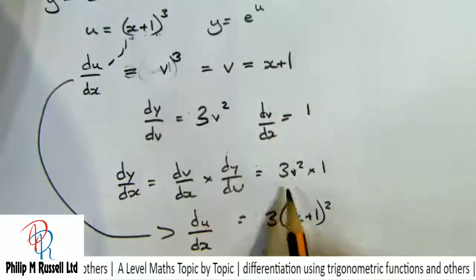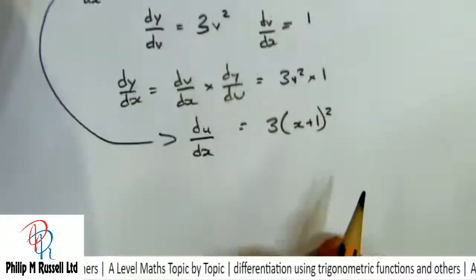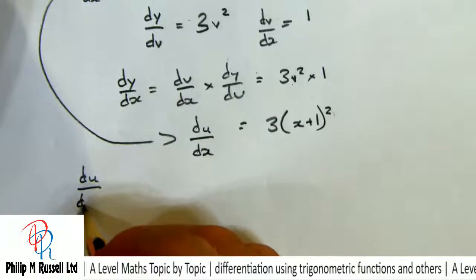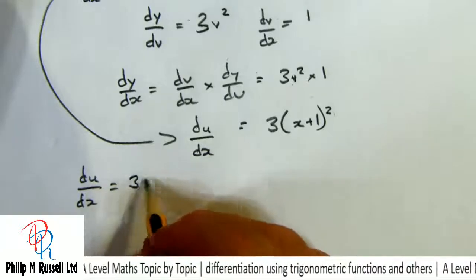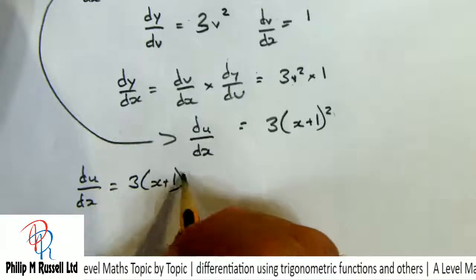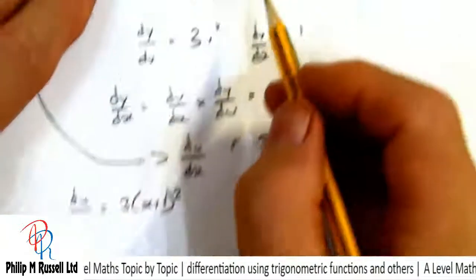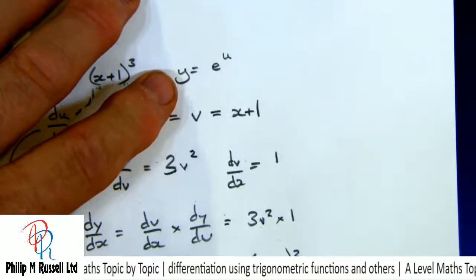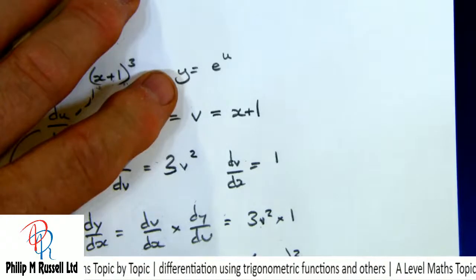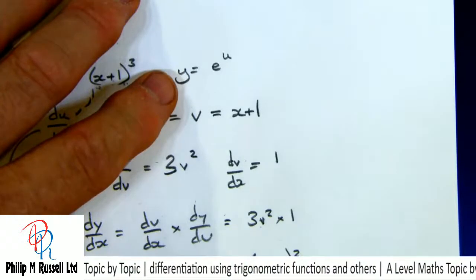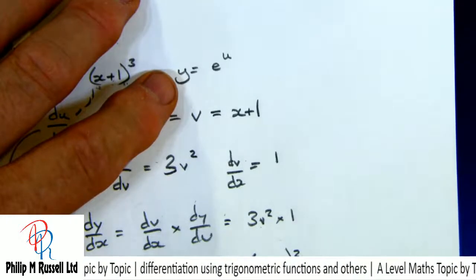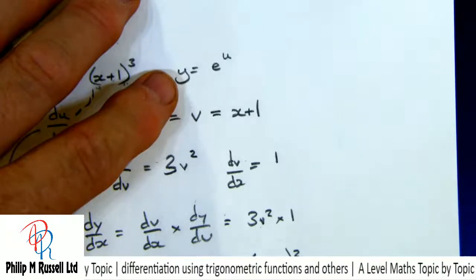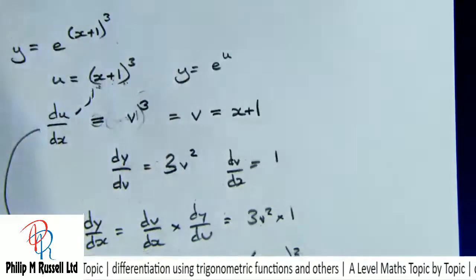I was just going to cheat and write that down for you, but now back to our other equation. We've got du by dx is equal to 3(x plus 1) squared, and up here dy by du is going to be the same as when we did it, so that's also going to be e to the u.